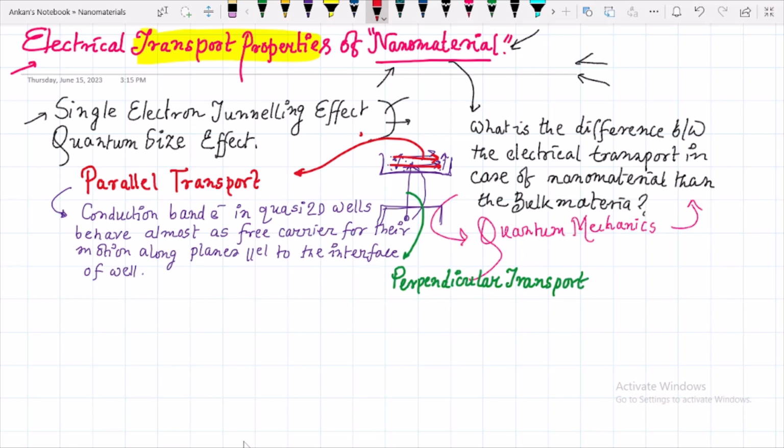Next, when some external voltage or external current source gets added to the semiconducting nanomaterial, then an interesting conduction process is involved, which is known as quantum transport or mesoscopic transport.